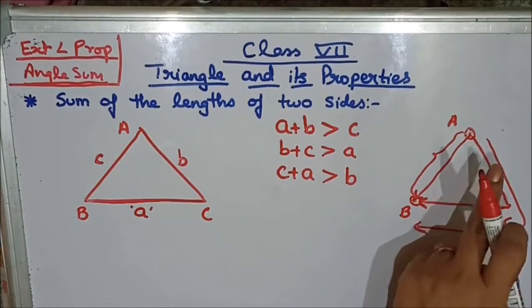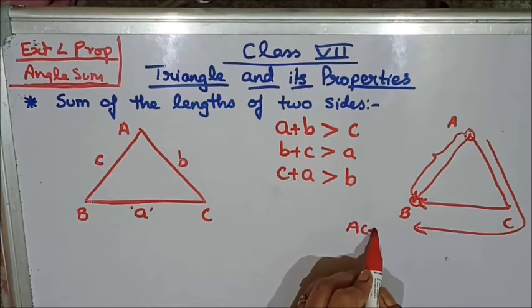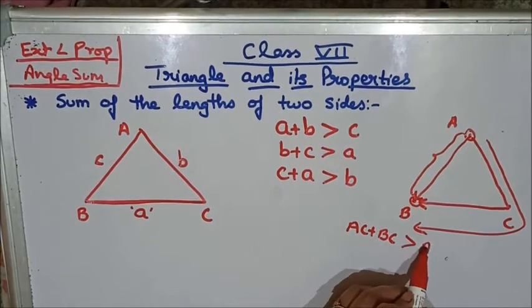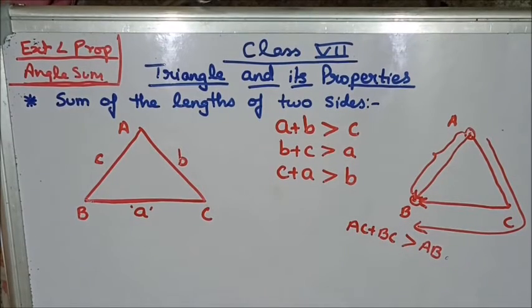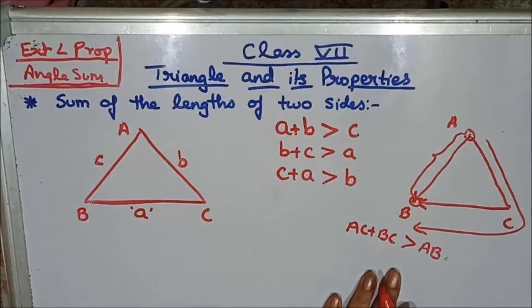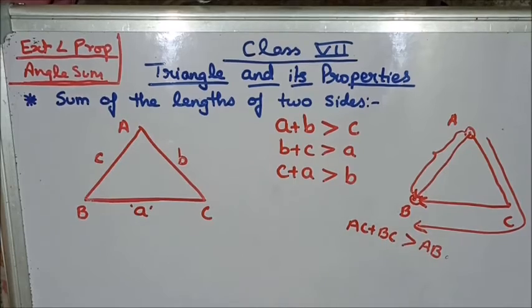That means if you add AC and BC, it will always be greater than AB. So this is the reason that in all triangles the sum of the lengths of any two sides will always be greater than the third side.